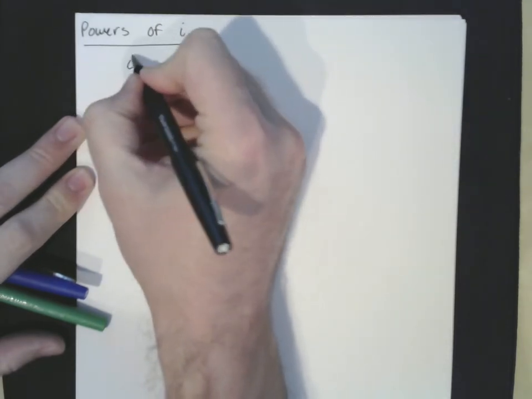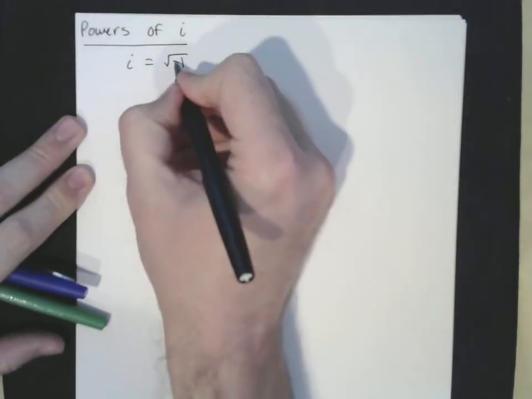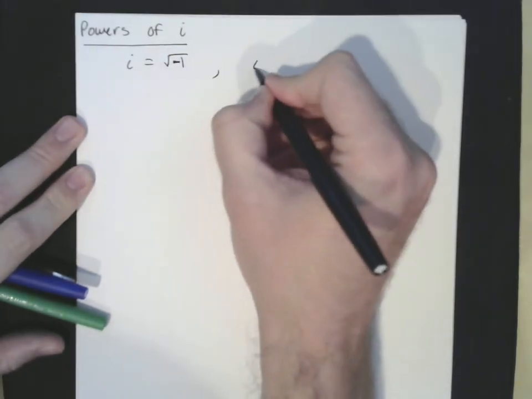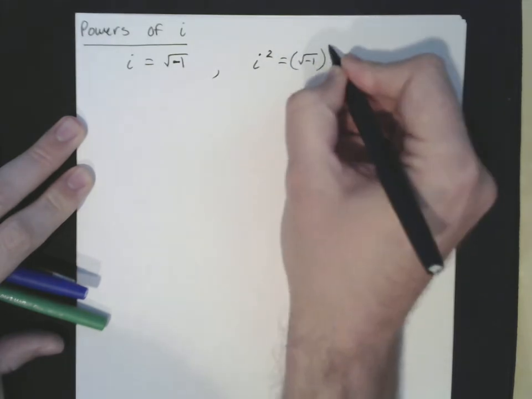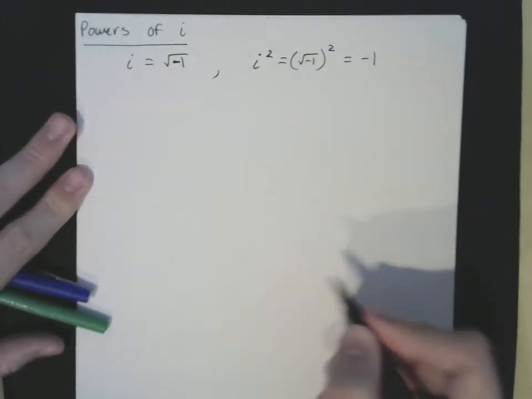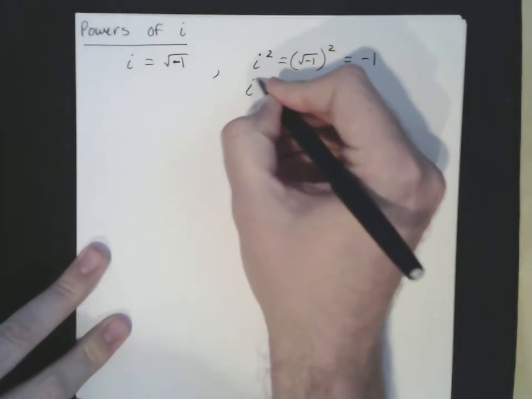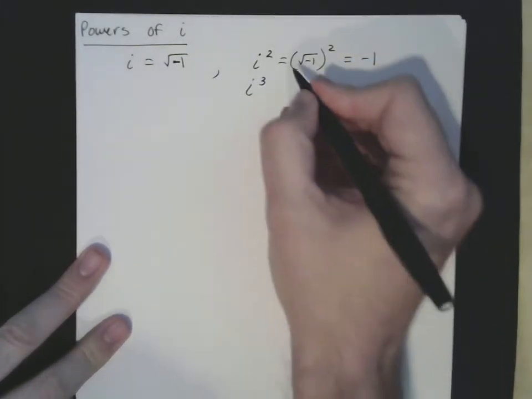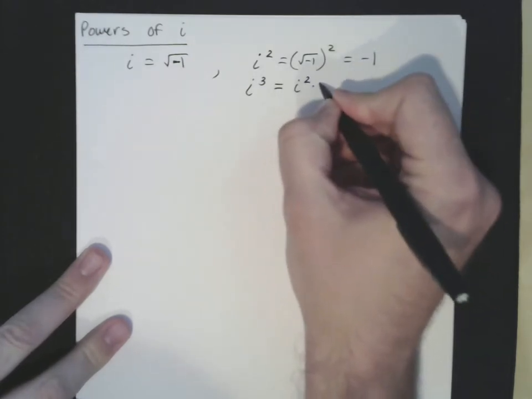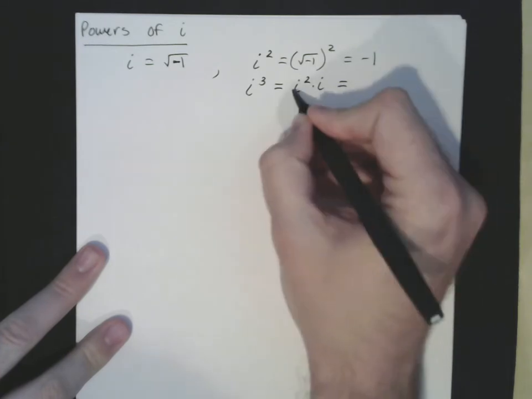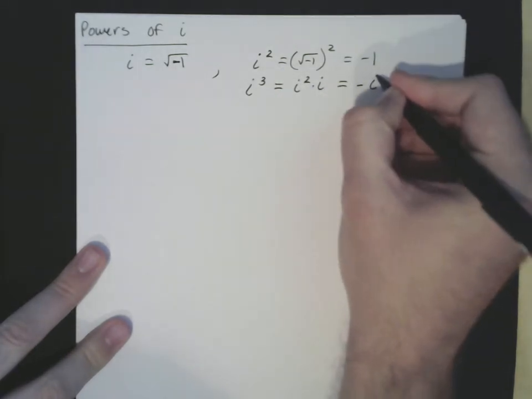So since i is the square root of -1, we saw already that i squared, which is the square root of -1 squared, is just -1. So then if we go to the next power, i cubed, the way that we think about this is i squared times i. i squared is -1, so i cubed is defined as -i.